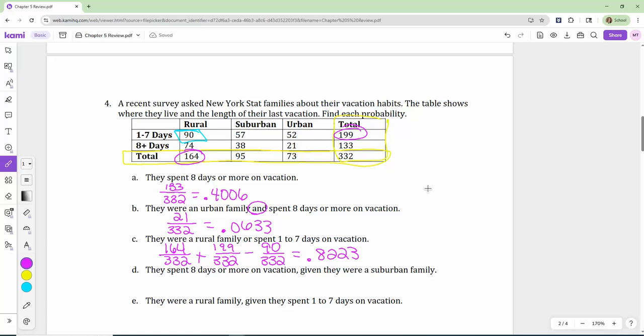On vacation, given they were a suburban family. What happens when you have a given? My denominator is just that. I know they were suburban, so I'm only looking at this column. So my denominator is 95. Only looking in that column, how many spent 8 or more days?